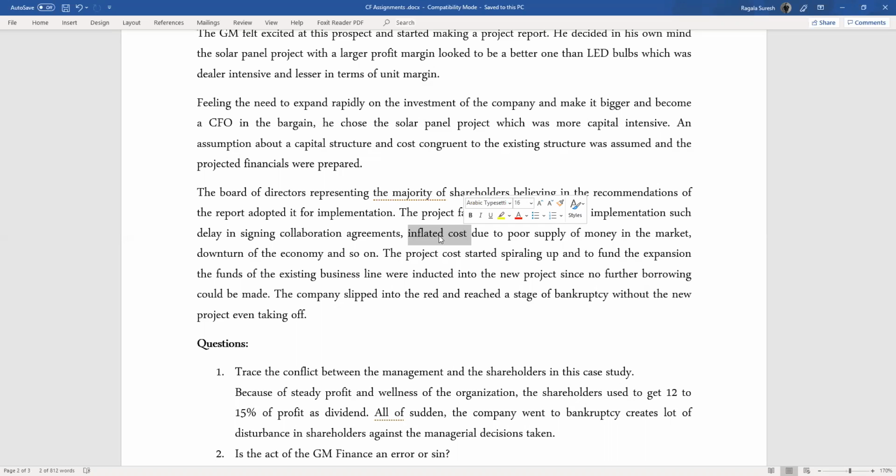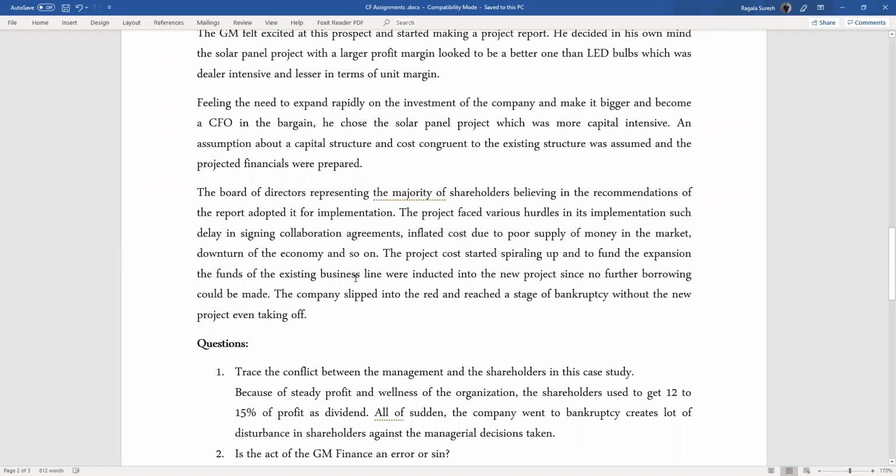If you take more time, the inflated cost is due to the poor supply of money in the market, because they don't have the money and the expenses are increasing. The downturn of the economy was also not analyzed before taking this decision.